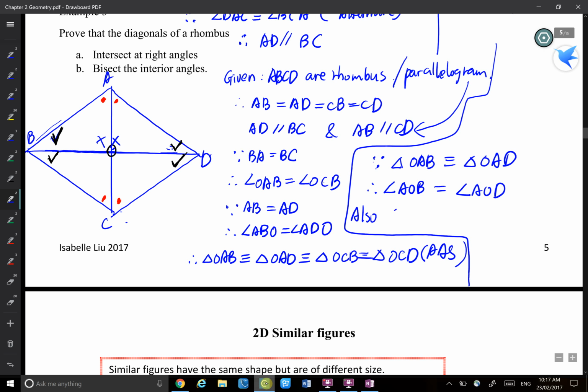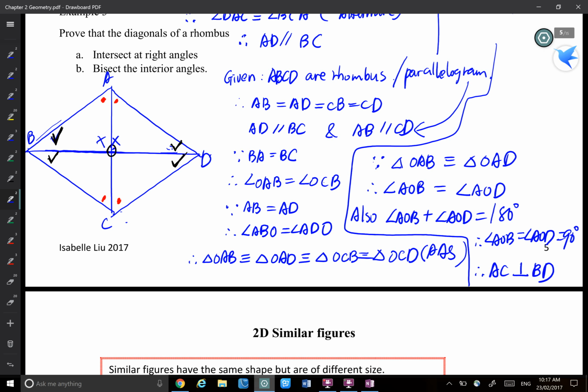Also, angle AOB plus angle AOD will be 180 degrees, because they lie on a straight line. So AOB equals AOD equals 90 degrees. Therefore, AC is perpendicular to BD. I have proved that they intersect at right angles.